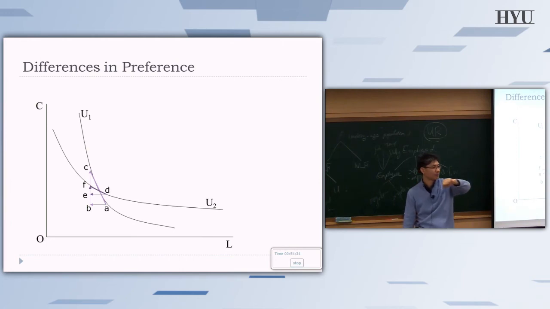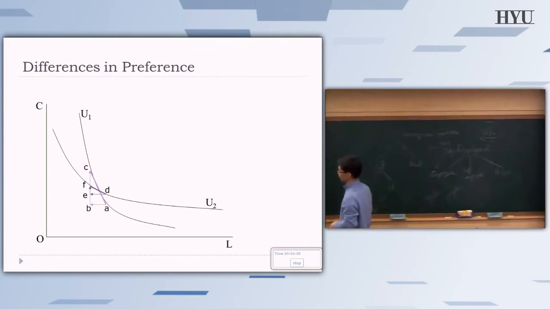In order to get one more unit of leisure, person 1 is willing to sacrifice more work compared to person 2. Sacrifice more consumption, I guess, so could sacrifice more goods. Got it?